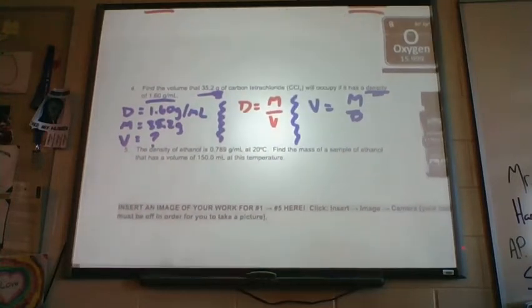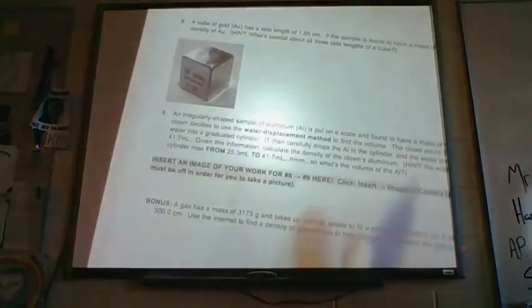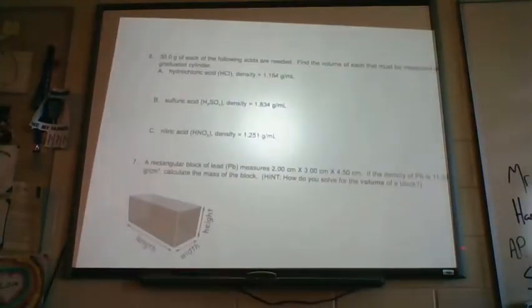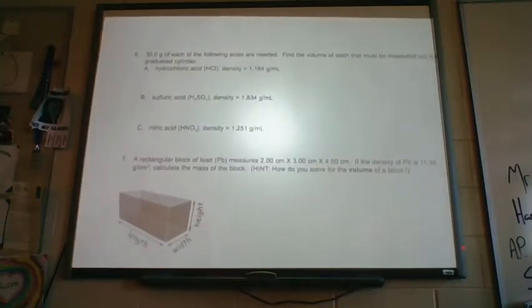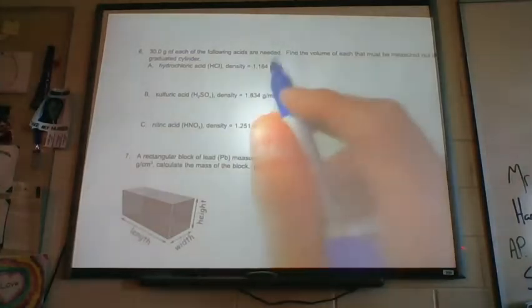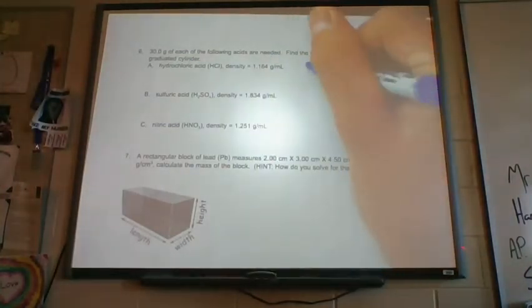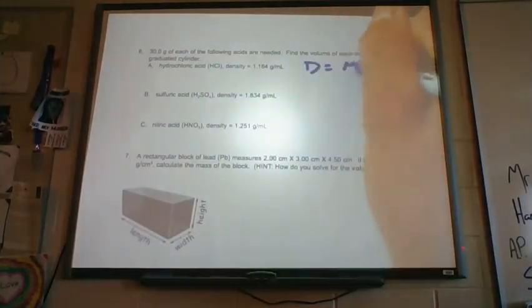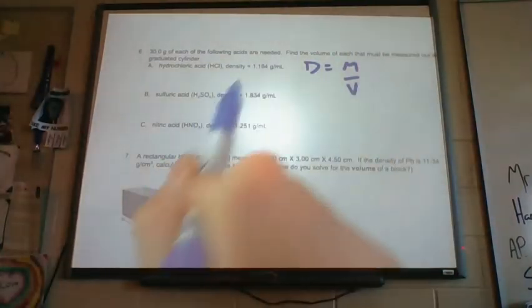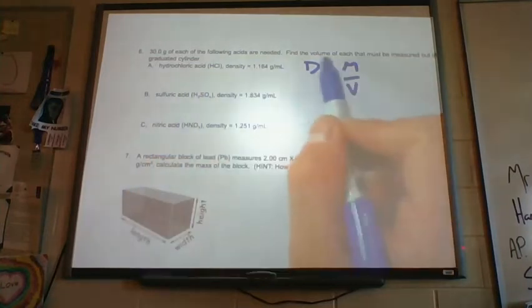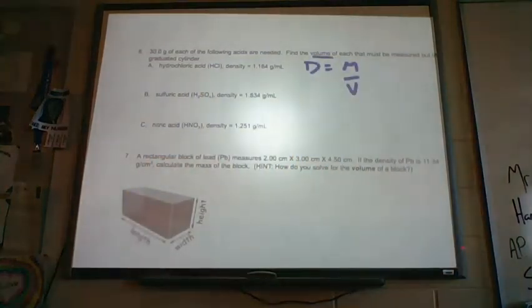Again, make sure that you are inserting your image. So it should be straightforward. On the back side though, on the next page, the problems get a little bit more difficult. Here, we are looking at finding the volume of each.